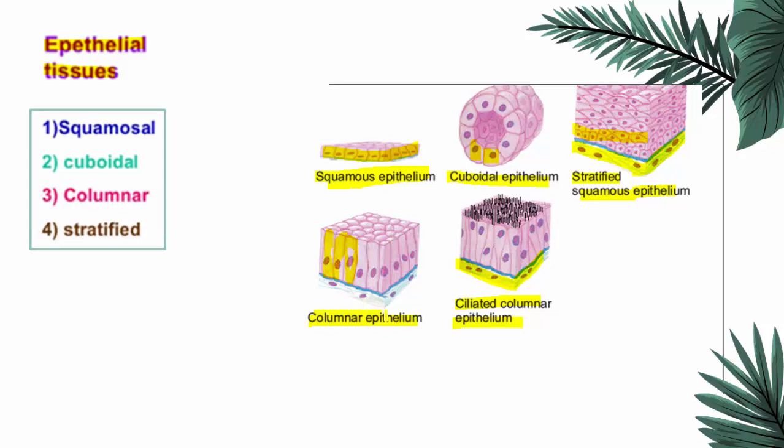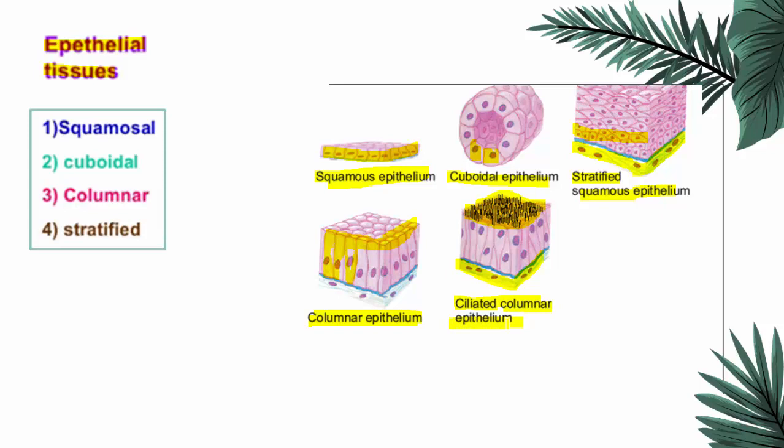If the columnar epithelial cells at their terminal portion contain hair-like cilia, minute hair-like structures, present at the tip of columnar epithelium, it is called ciliated columnar epithelium.